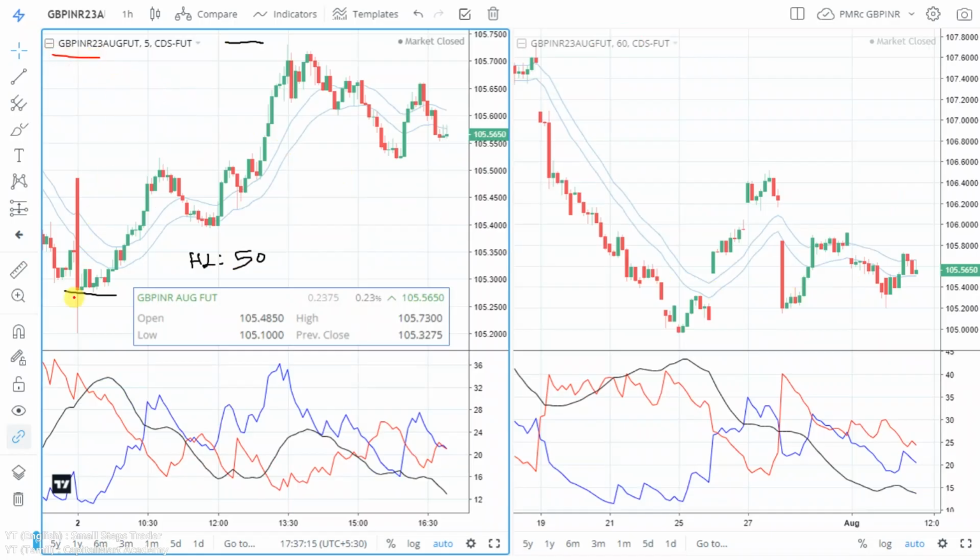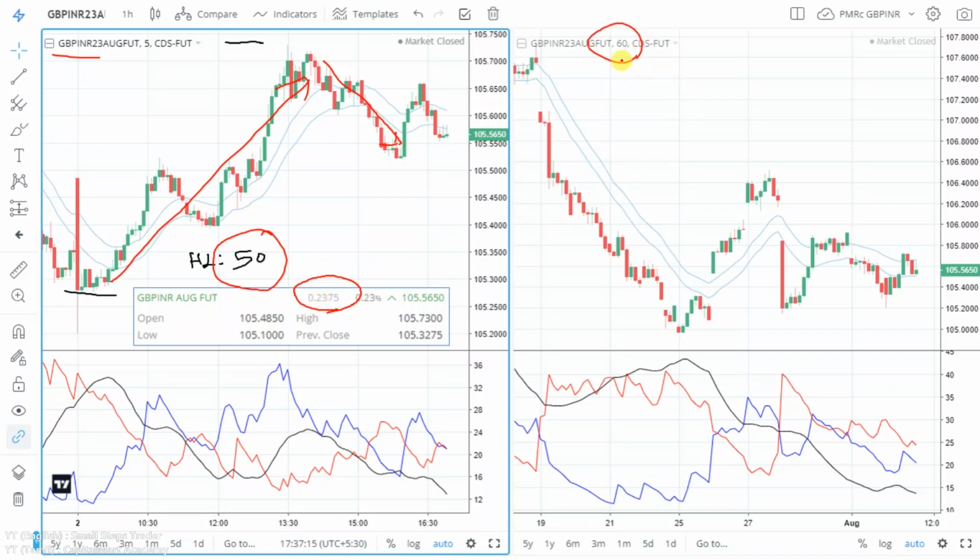GBP INR. GBP INR also opened almost flat, but then it had a very good, big movement, with a volatility of 50 paise. Around 2 o'clock there was a correction of around 20 paise. Then a small recovery, and at the end it ended 23 paise positive, similar to Euro.